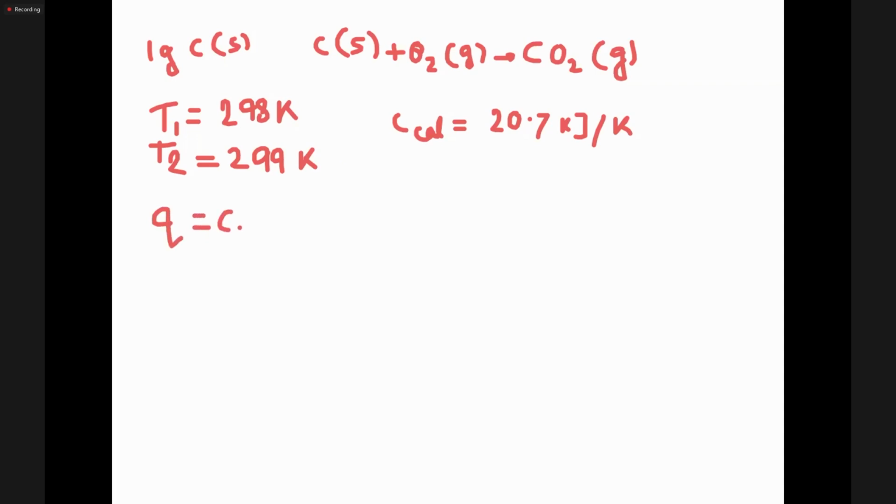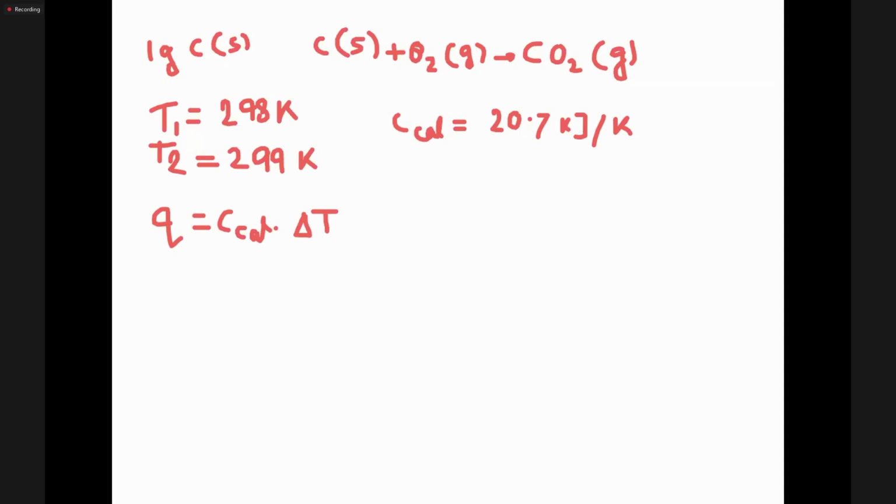will be Q, which is C of the calorimeter multiplied by delta T. Now quantity of heat from the reaction will have the same magnitude but opposite sign because heat is lost by the system. So the heat from the reaction mixture is equal to the heat gained by the calorimeter.